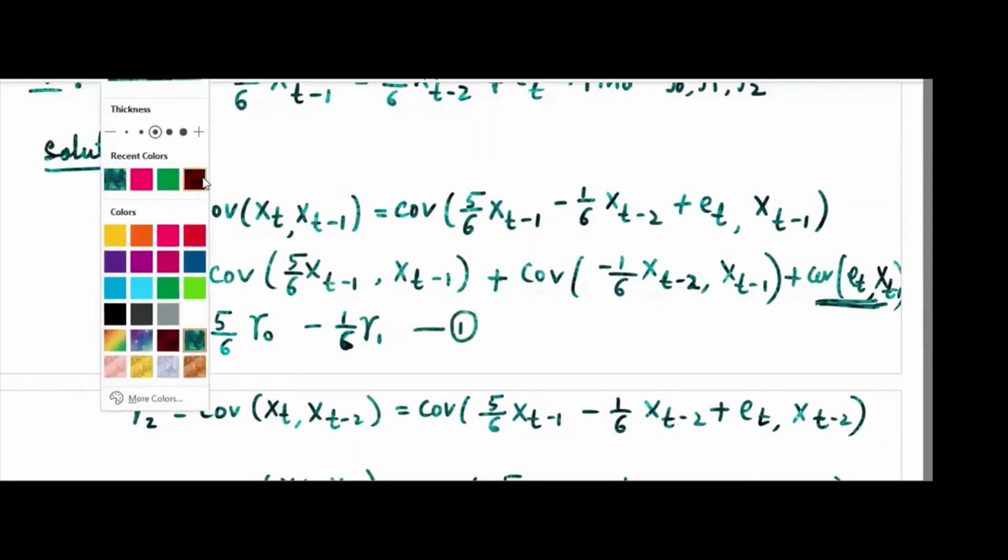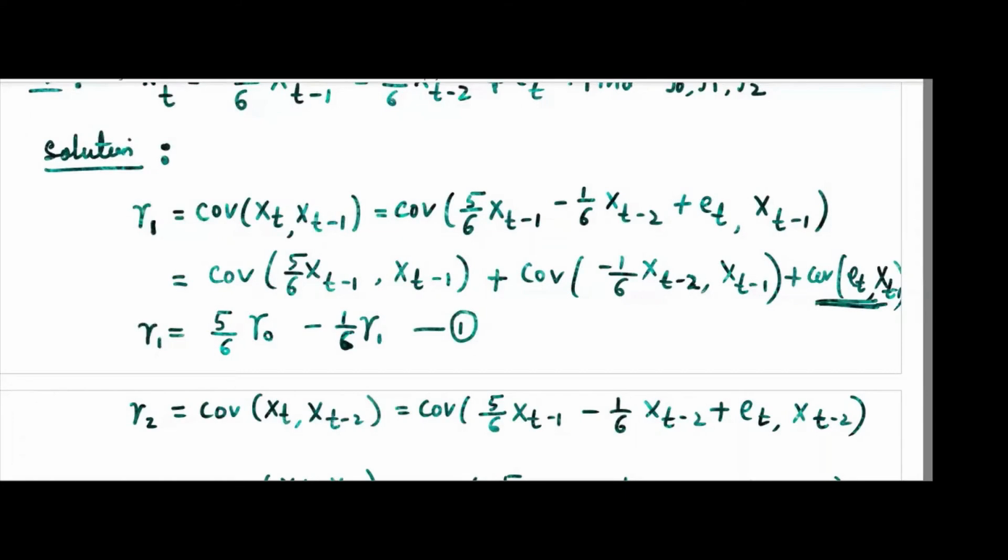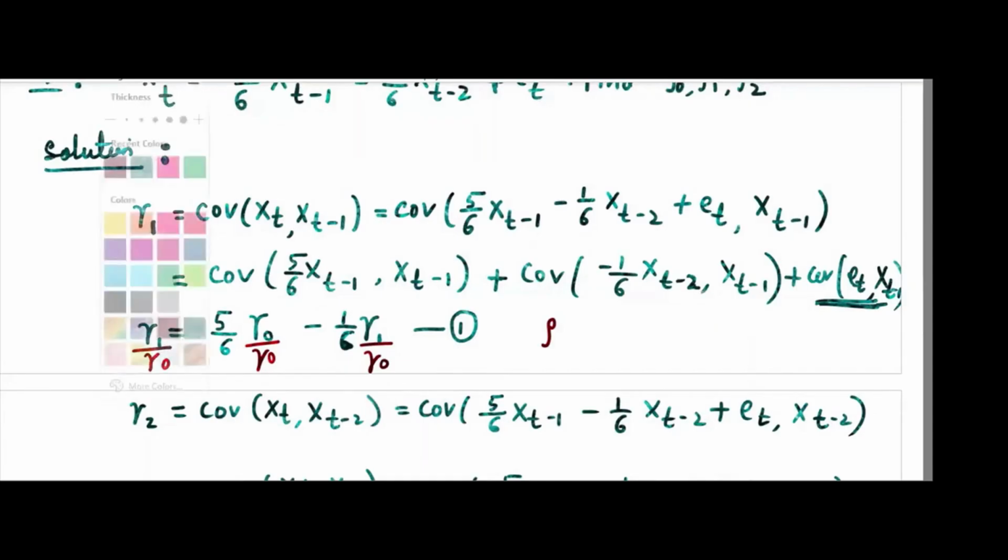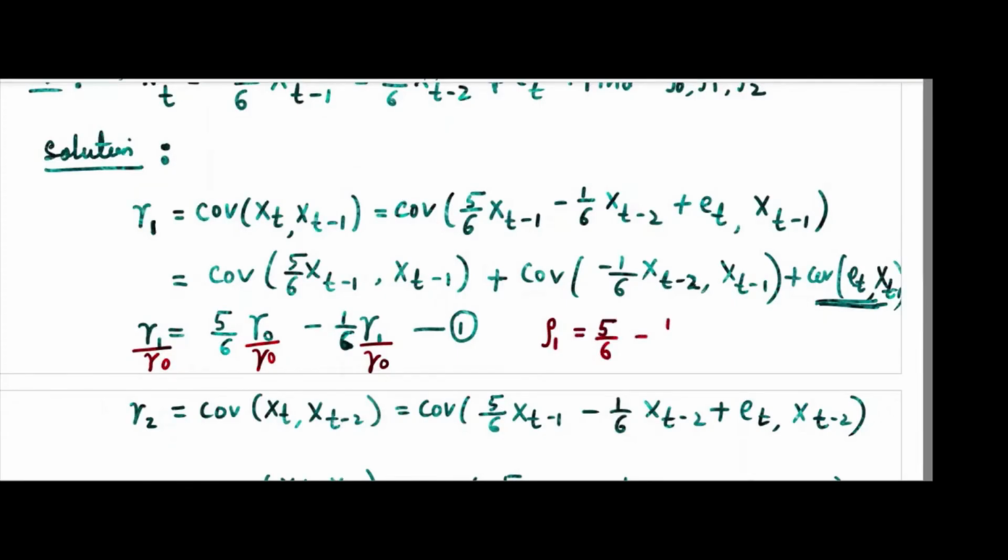What you need to do now is to divide everything by gamma 0. If you divide by gamma 0, this will become rho 0. So my first equation is actually, in the left hand side I have rho 1. Rho 1 is equal to 5 divided by 6, and here minus 1 divided by 6 rho 1.